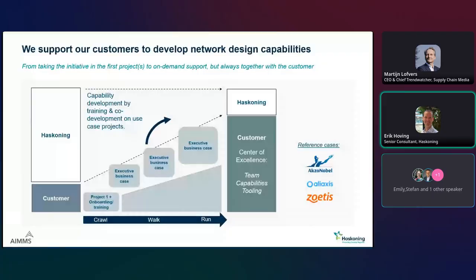In the start, if we have a new customer, new to SC Navigator, new to network design, we initially take the lead, and then we execute the project and train the customer on how we do it. We involve them in the projects, how to populate the template, how to do the scenario comparisons, etc. So that in the next step, they can actually take the lead themselves or in a cooperative mode.